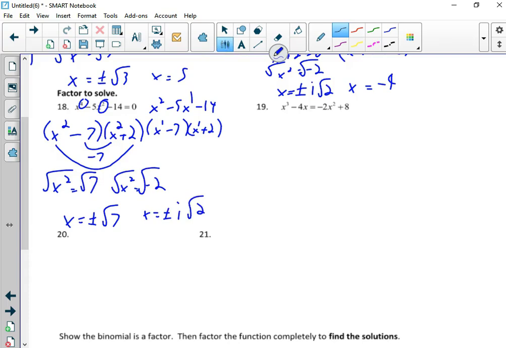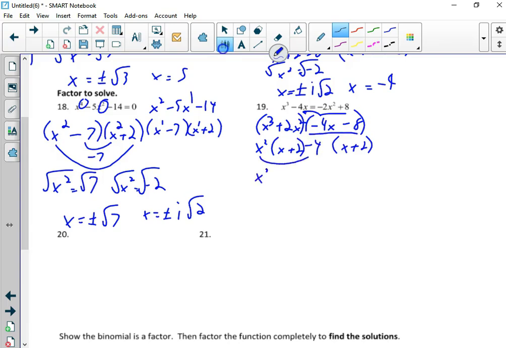Okay, on this one, I need to get these both over here. So x cubed, and put it in the right order, plus 2x squared, minus 4x, minus 8. Factor by grouping. I'm going to take out an x squared and get x plus 2. Write the x plus 2 here. This will help with the sign errors. I need to divide this by negative 4 to get that.